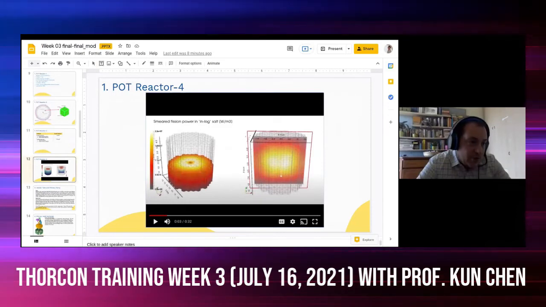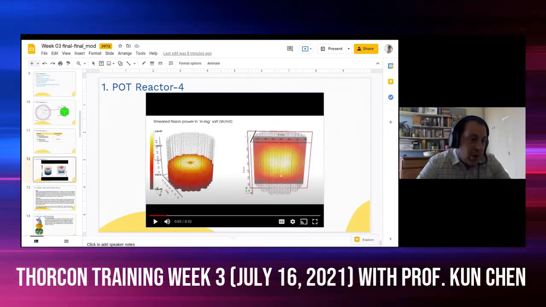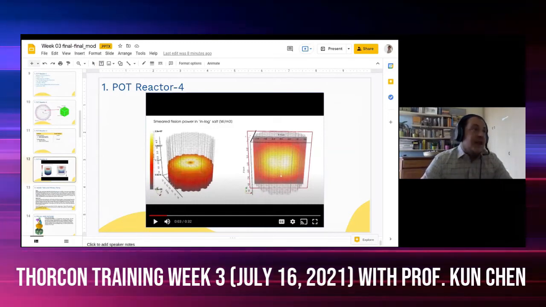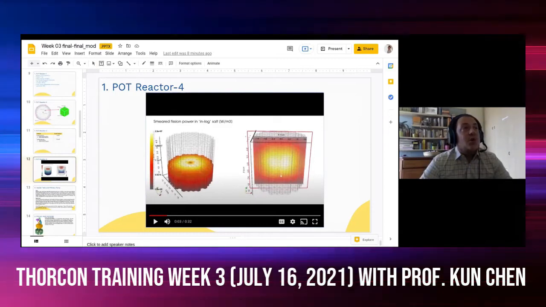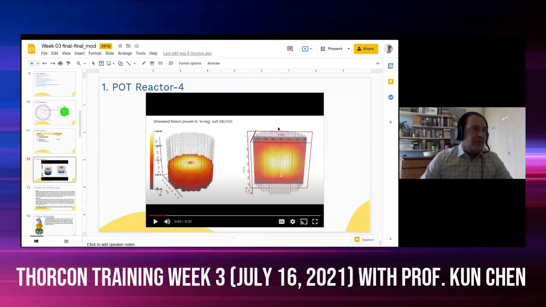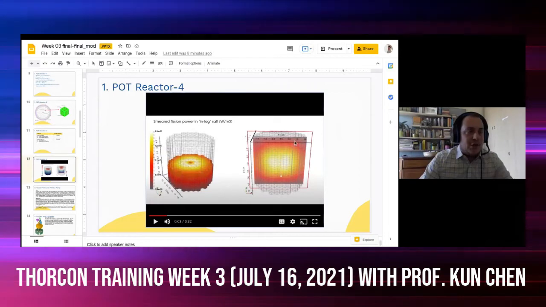The profile shows a much higher value in the upper part of the core, which may not be beneficial for common reactor design. No, there is no shift towards the top of the reactor. From what we can see in the picture, it is fairly symmetrical between the bottom and the top.